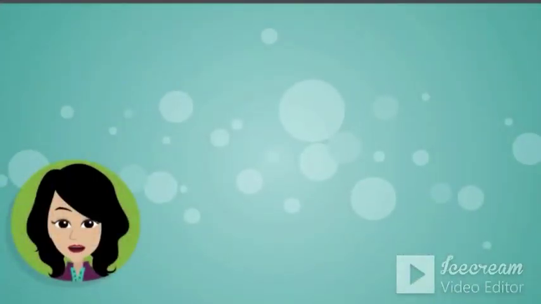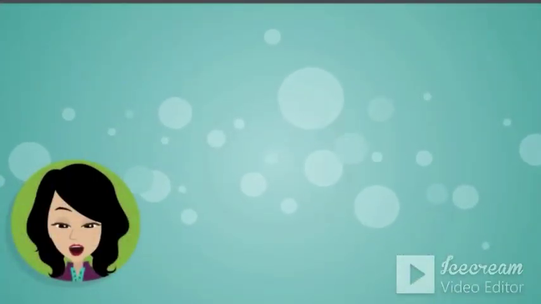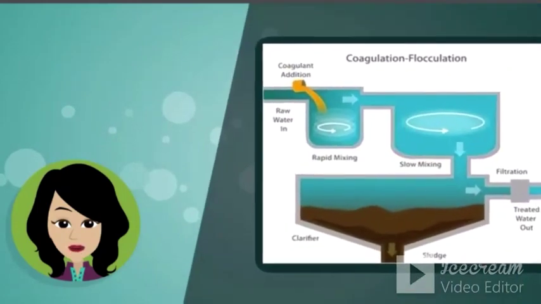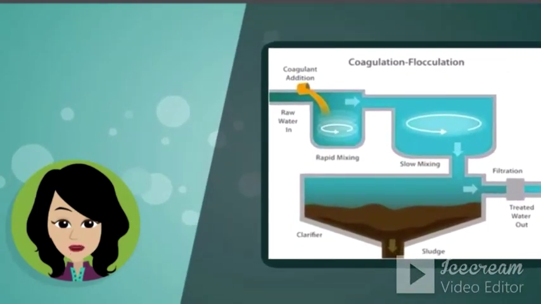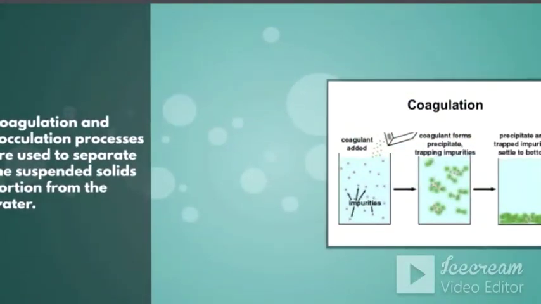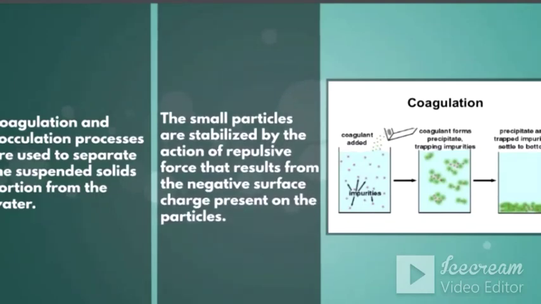After the water comes out of the bar screens, it undergoes another process called coagulation and flocculation, which are used to separate the suspended solid portion from the water. The small particles are stabilized by the repulsive force that results from the negative surface charge present on the particles.